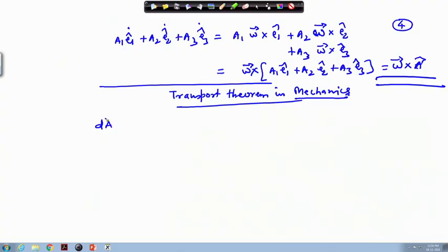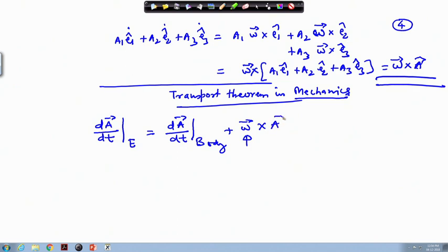So remember this equation: the rate of change of any vector A with respect to the inertial frame can be written as dA by dt with respect to the body frame, plus omega, the angular velocity of the body frame with respect to the inertial frame.